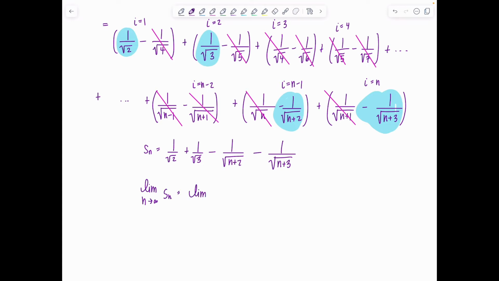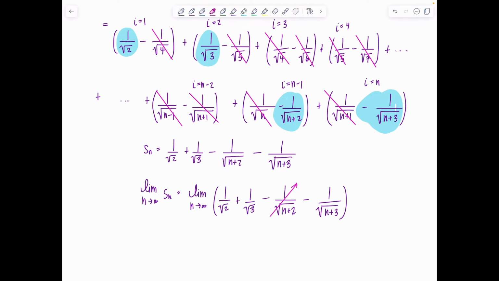So that would be the limit as n goes to infinity of 1 over rad 2 plus 1 over rad 3. I'm so tempted to just do a copy paste because I'm on the iPad, but if you're copying this down at home, let me not beat you to the punch. So let's be on the same page: rad n plus 3. Okay, the first 2 terms are constant.